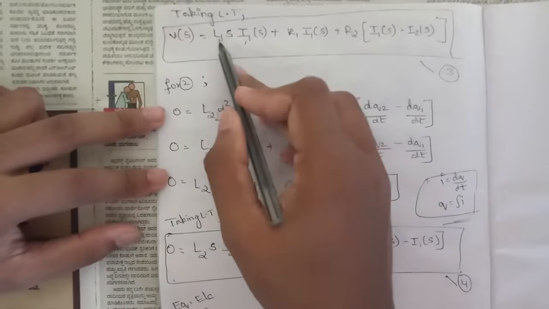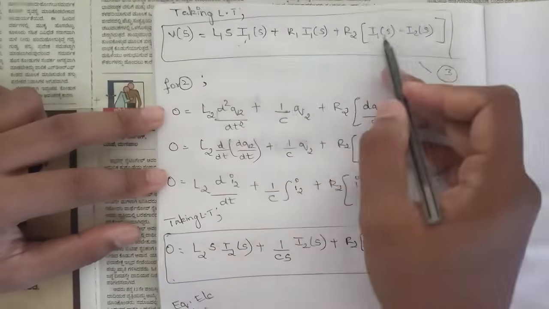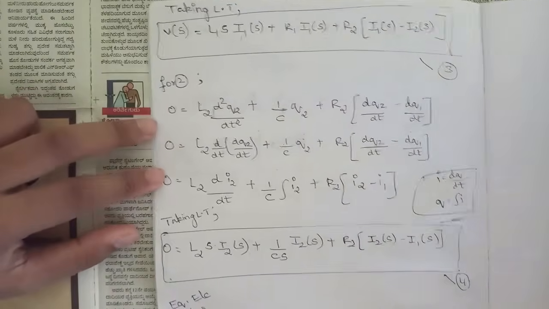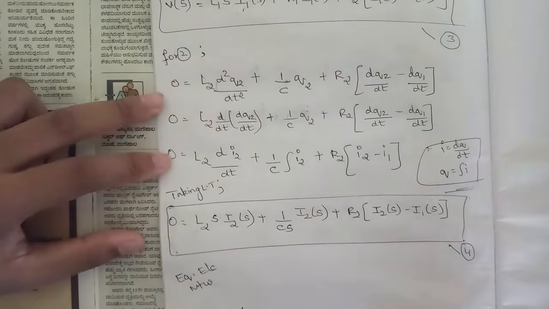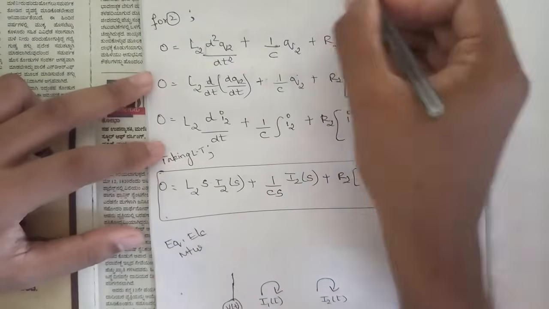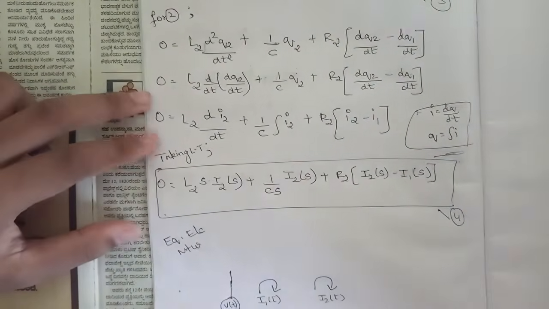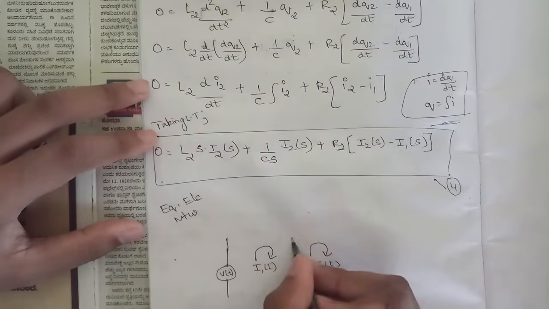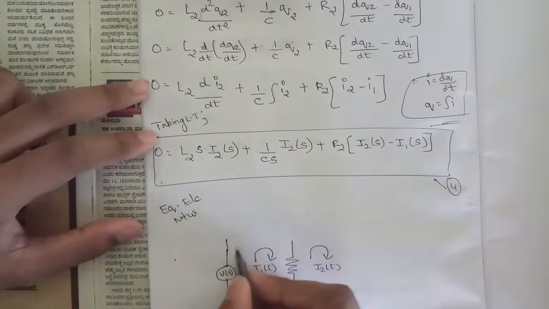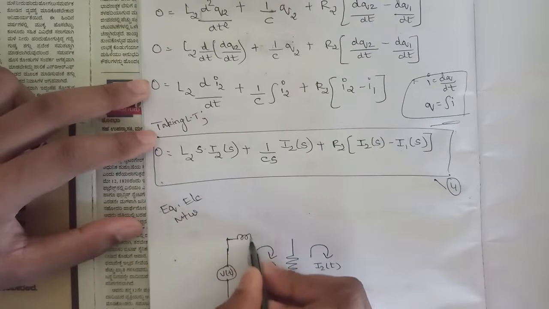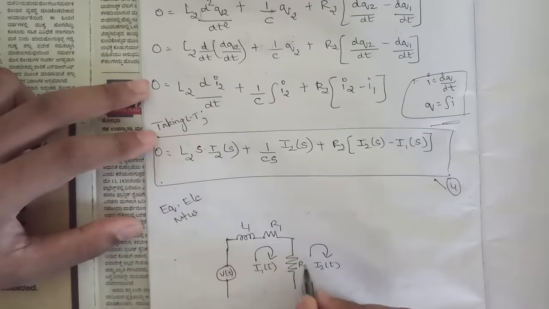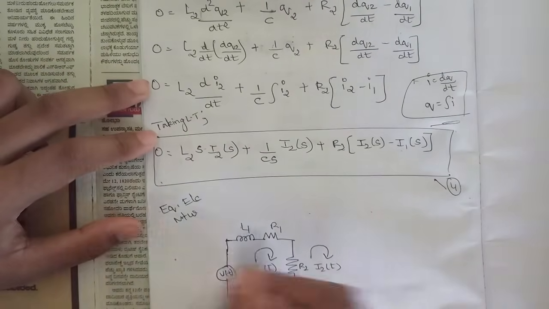With I1 of s we have here L1, R1, also R2, but this R2 is between I1 and I2, right? Between I1 and I2 means it should be coming under both the loops. So first we observe that R2 is coming between these two loops, so write it like this, R2 first, and after that L1 and R1 are coming under loop 1, so L1, R1, and this is R2. Okay, so this completes the first loop.